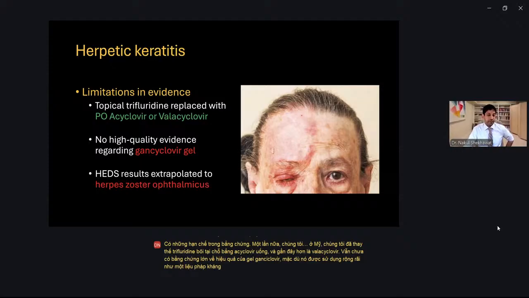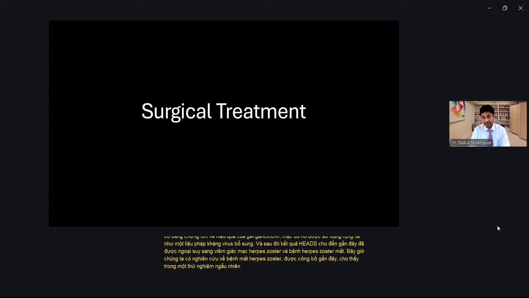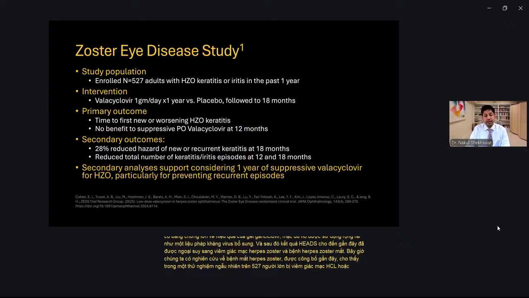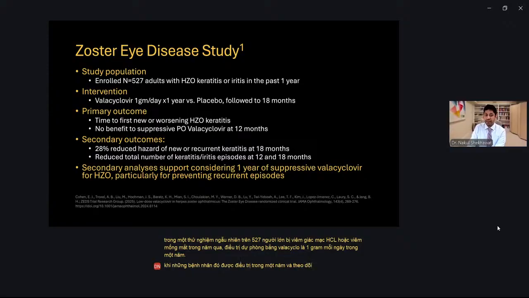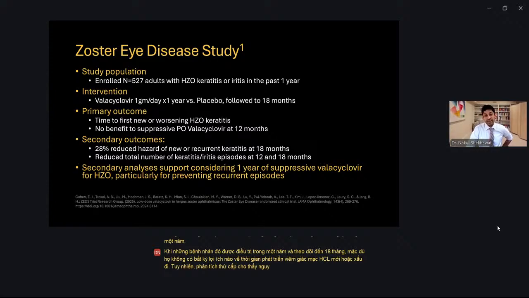And then the HEDS results until recently were extrapolated to herpes zoster keratitis and herpes zoster ophthalmicus. We now have the Zoster Eye Disease Study, which recently got published, which showed, in a randomized trial of 527 adults with HZO keratitis or iritis in the past year, given prophylactic valacyclovir 1 gram a day for a year and followed out to 18 months, although they did not have any benefit in terms of time to new or worsening HZO keratitis, when you look at secondary analysis, there was a 28% reduced hazard of new or recurring keratitis at 18 months.